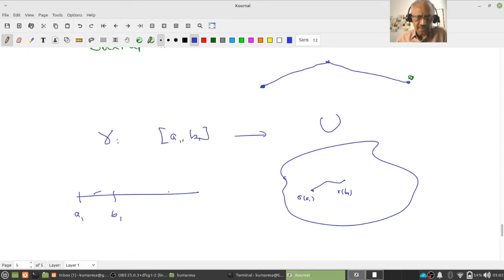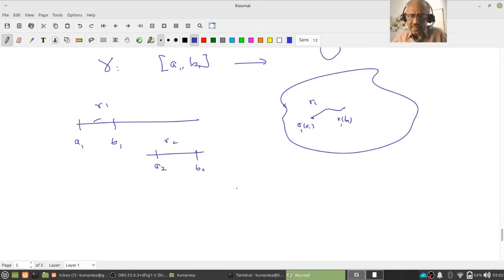This is my gamma 1, and gamma 2 is also a path. Gamma 1 of B1 is called the end point or the terminal point, and gamma 1 of A1 is called the initial point.